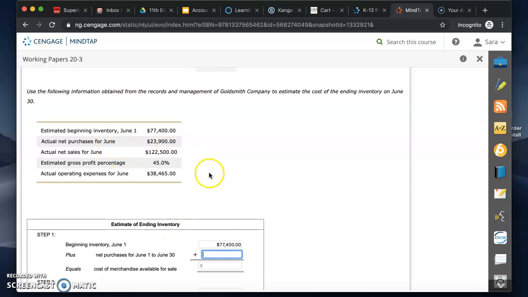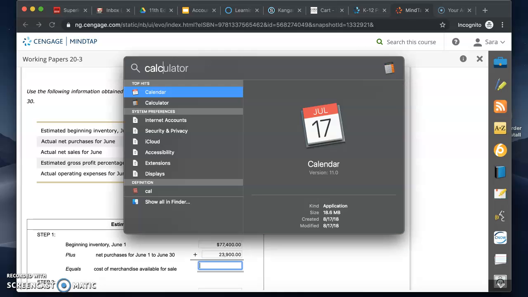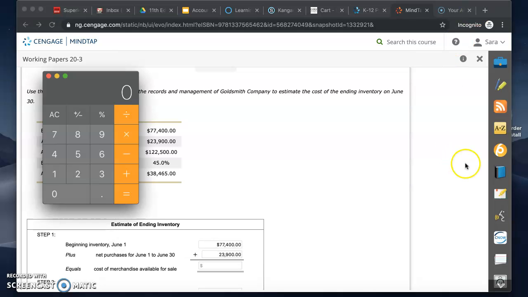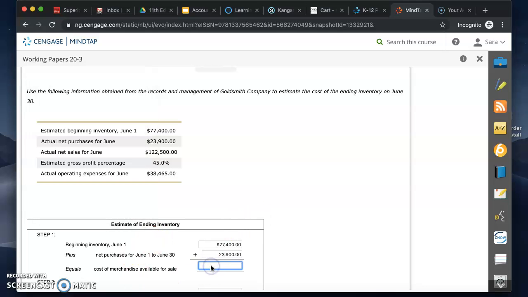And our net purchases, 23,900. And so that gets us 101,300.